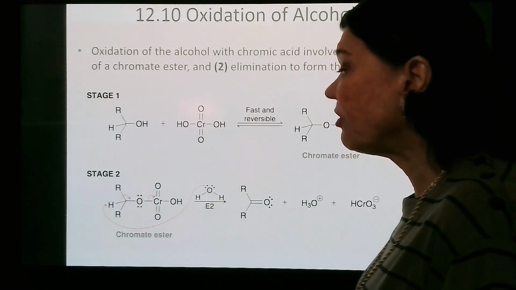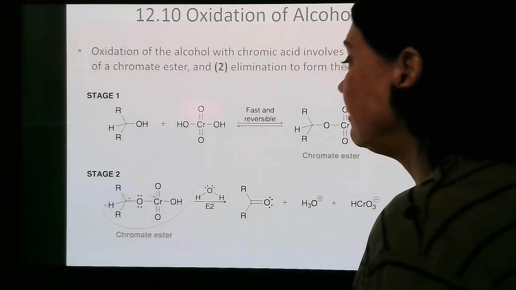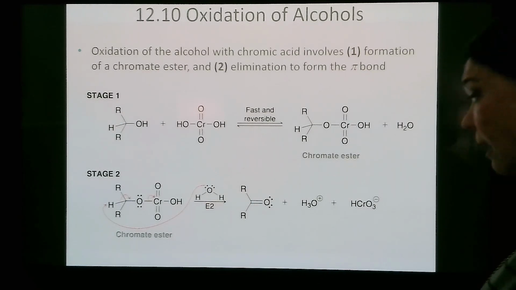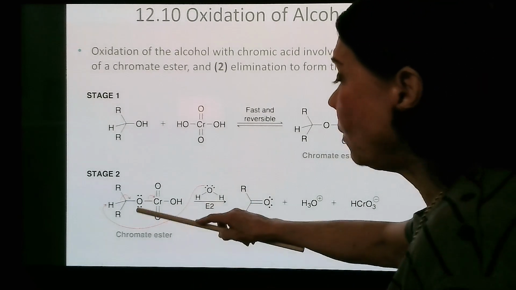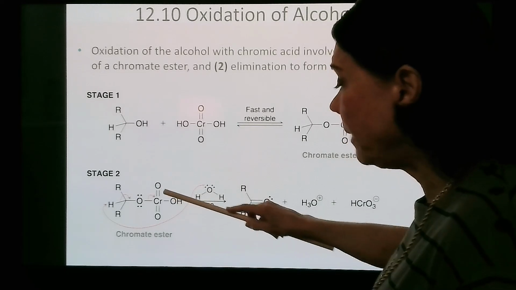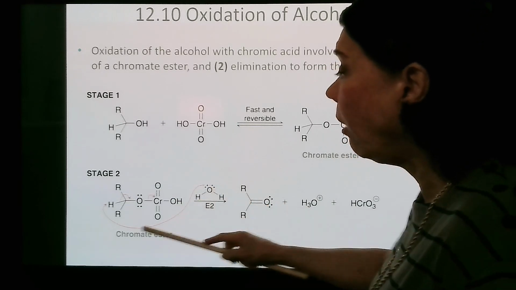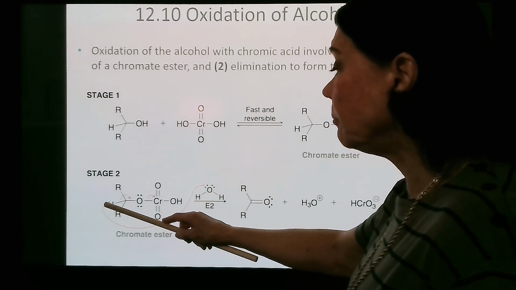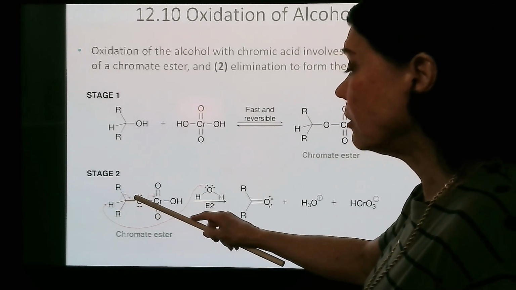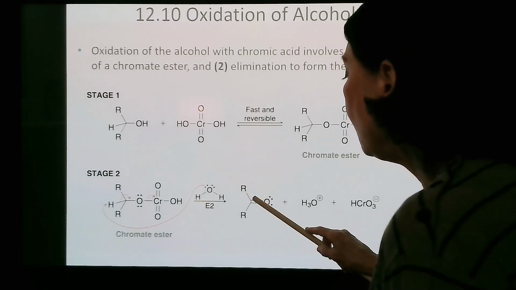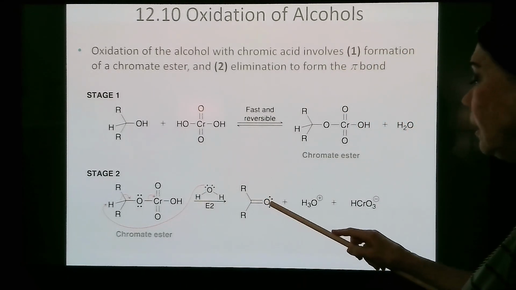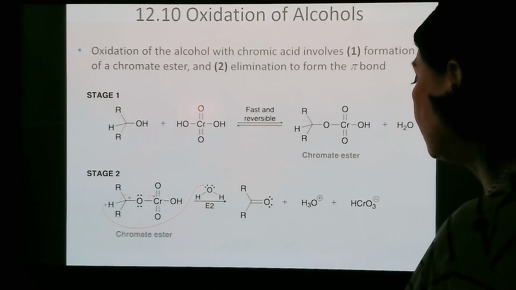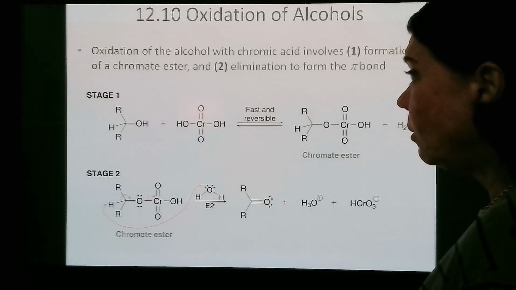This is the common theme behind all of these reactions of alcohols. And so once you have converted this into a better leaving group, you can simply have water pluck off a proton, and the pair of electrons move in and form the pi bond, which constitutes the carbonyl pi bond.